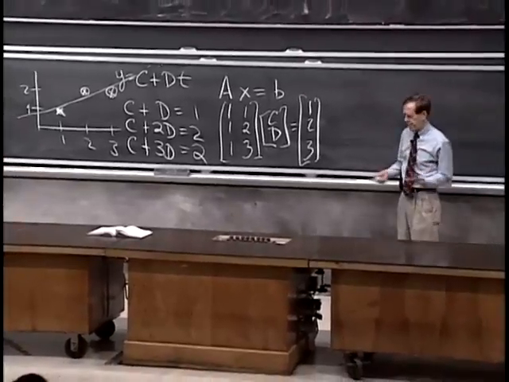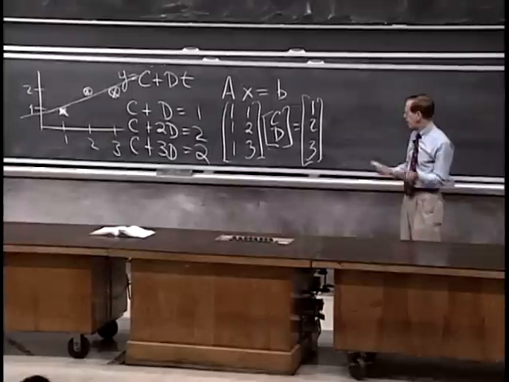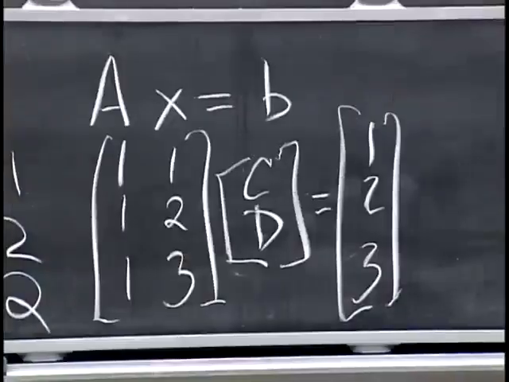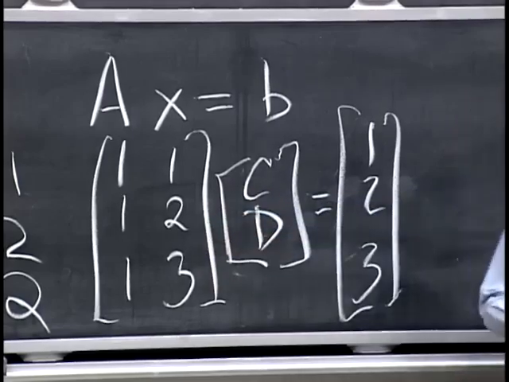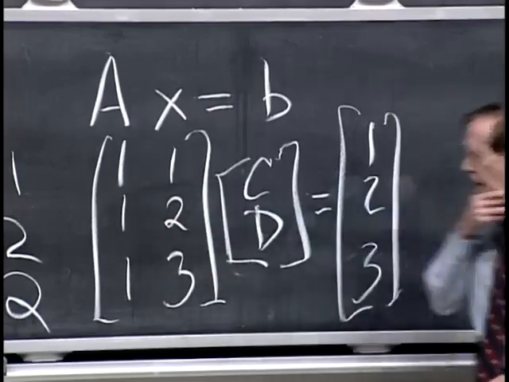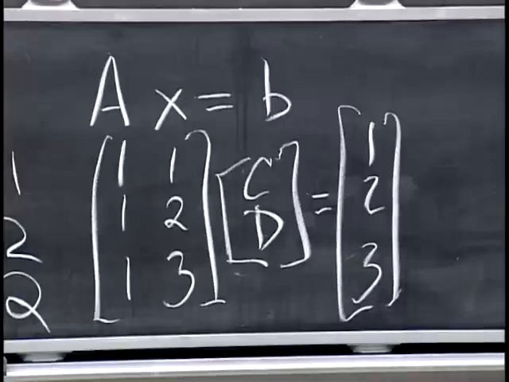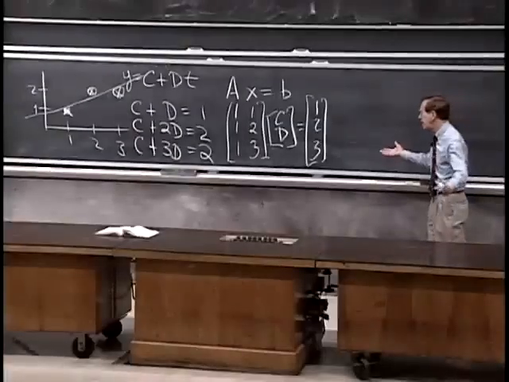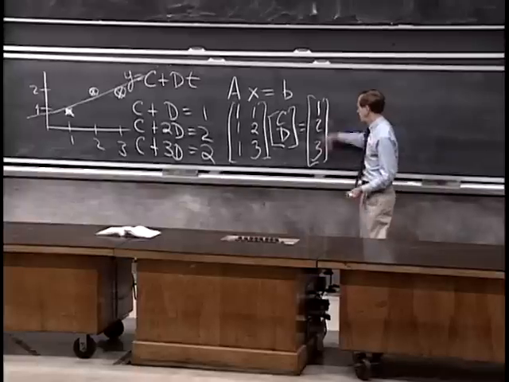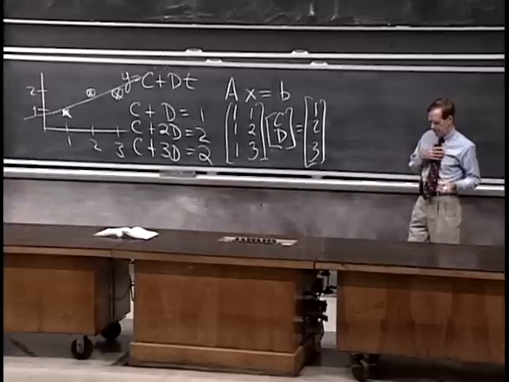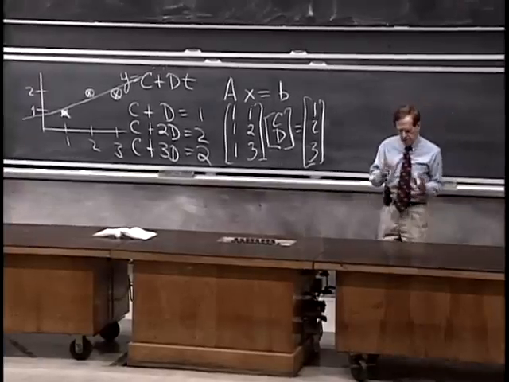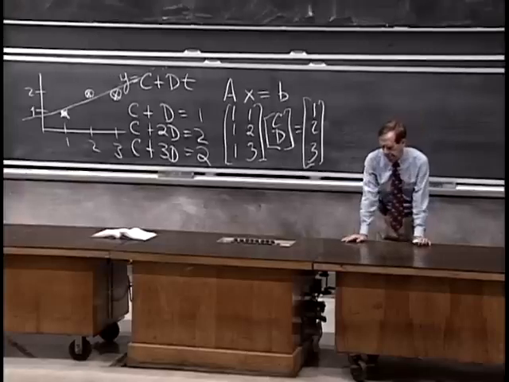No solution. I have a 3 by 2 matrix. I do have 2 independent columns. So I do have a basis for the column space. Those 2 columns are independent. They're a basis for the column space. But the column space doesn't include that vector. So best possible in this, what would best possible mean?